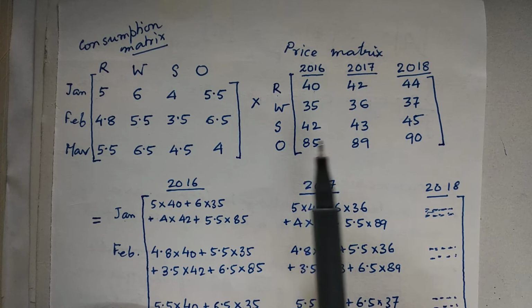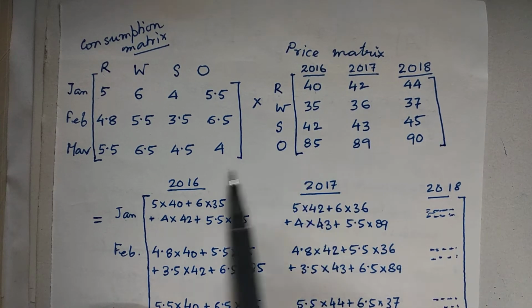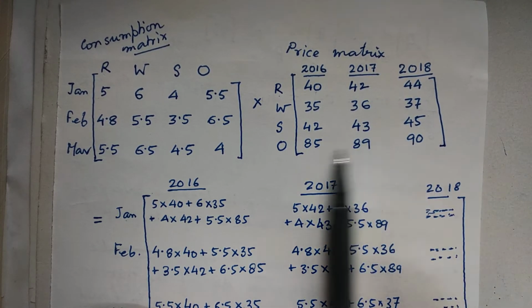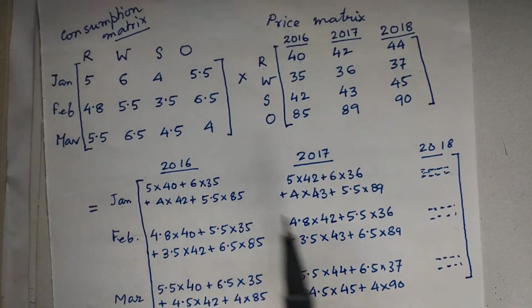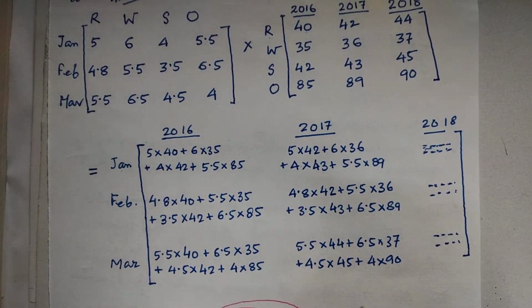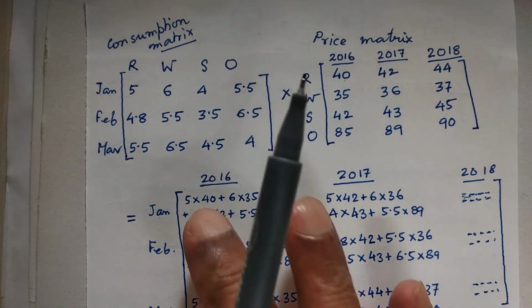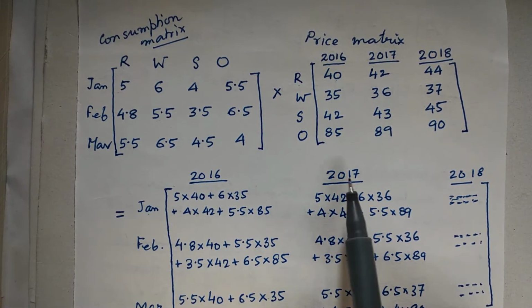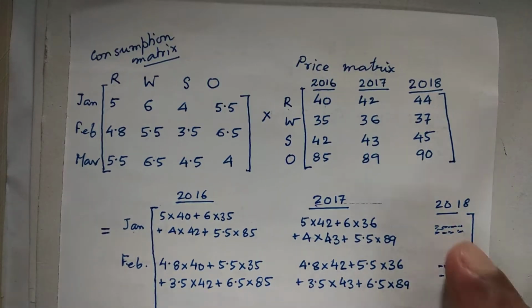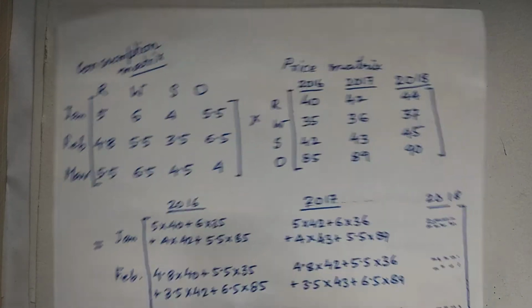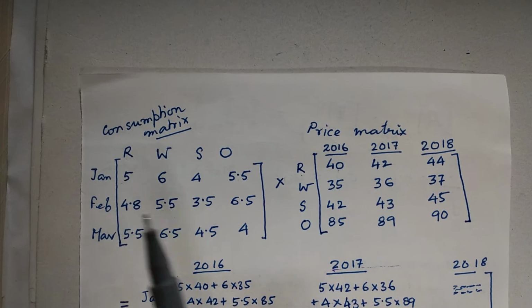Let us suppose that we want a bookkeeping for these 3 years. Then what will be the expenditure matrix? For 2016, we will have a list of expenditures. For 2017, we will have another. 2018, we will have another list. This is obtained in this way.